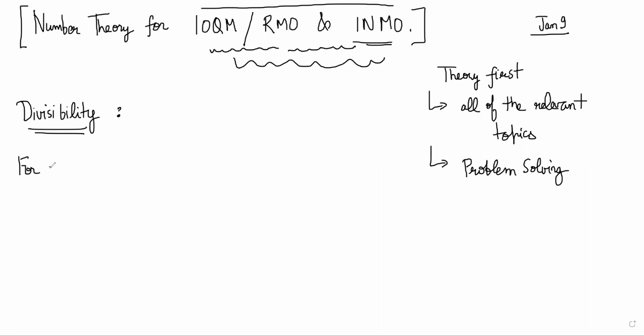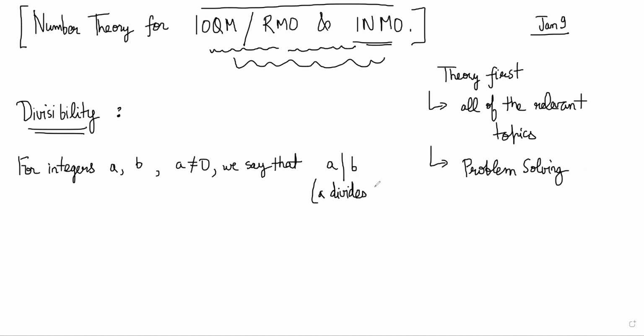For integers a and b, where a is not equal to 0, we say that a divides b, and this is the symbol for division. a divides b means b is divisible by a if b is equal to ac for some integer c. So basically, b should be a multiplied by some integer. Then we can say that b is divisible by a.